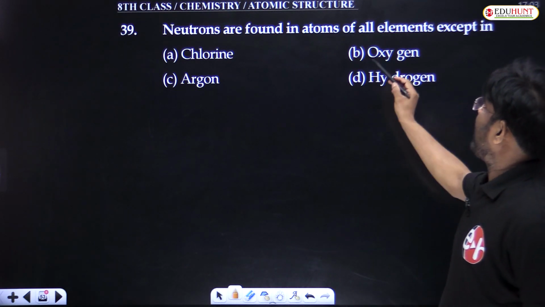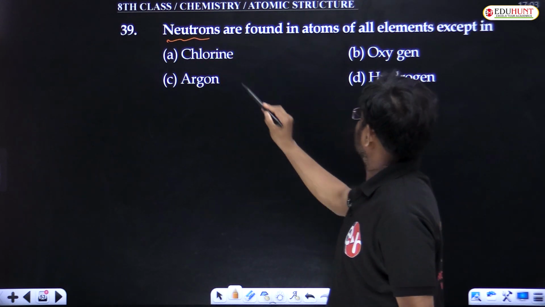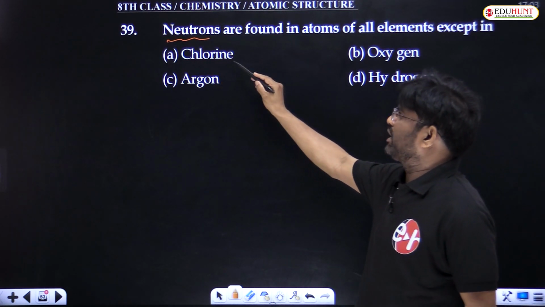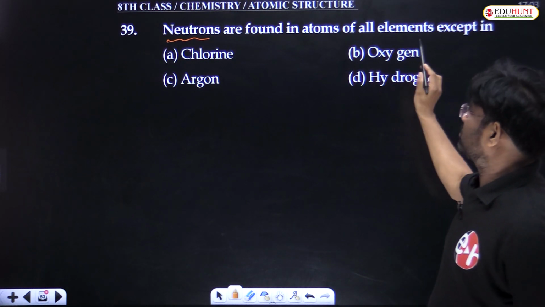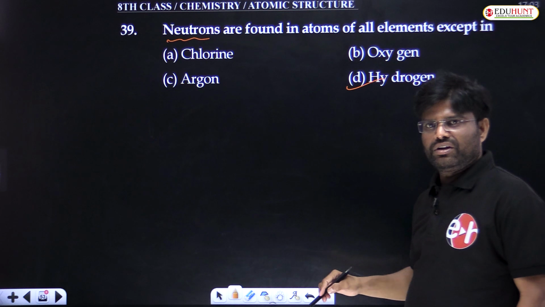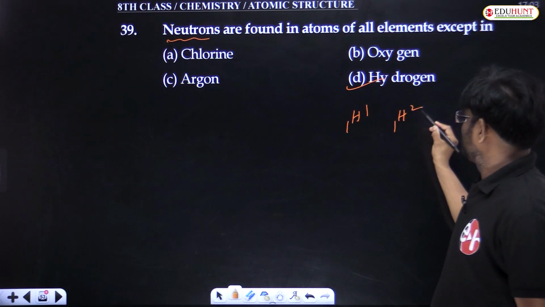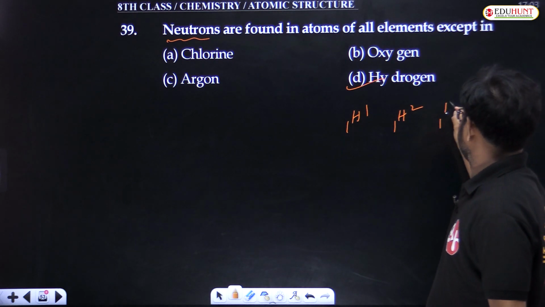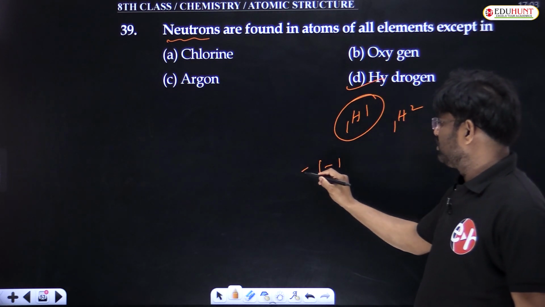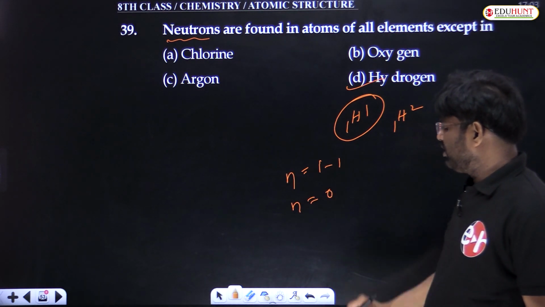Neutrons are found in the atoms of all elements except which? You can find neutrons in chlorine, oxygen, argon, but in hydrogen you can't, in one case. Hydrogen has protium 1H1, deuterium 1H2, tritium 1H3. For protium, 1 minus 1 is 0, so there are no neutrons in this isotope of hydrogen.